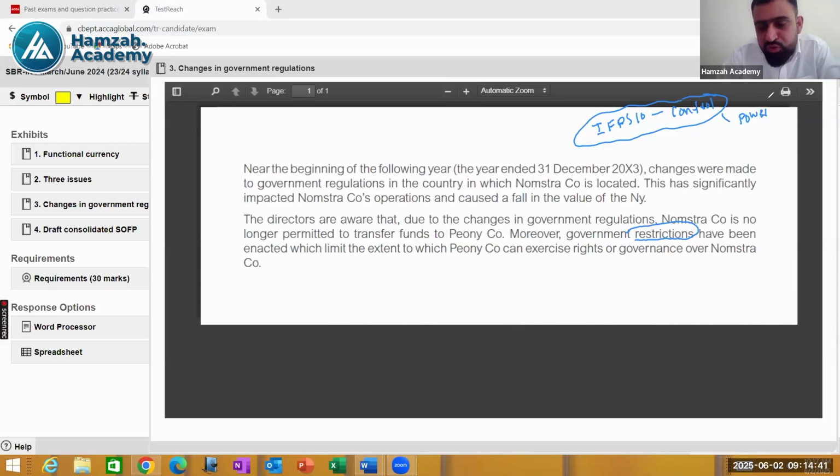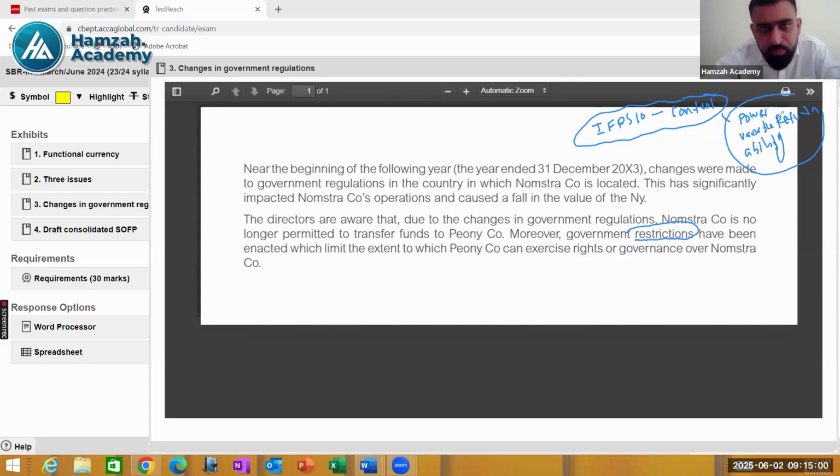over a subsidiary, and you are exposed or you have a right to variable returns, and you have an ability to exercise the power to affect those returns over the investee company.